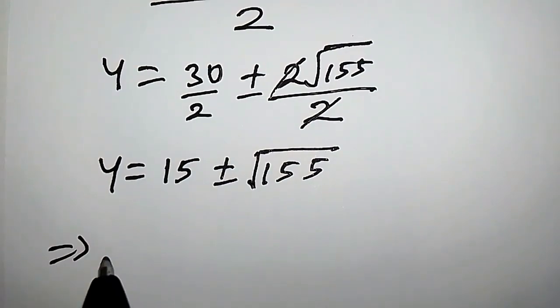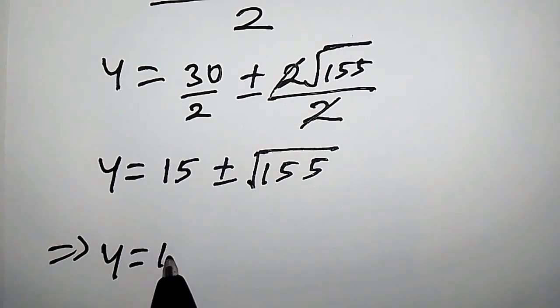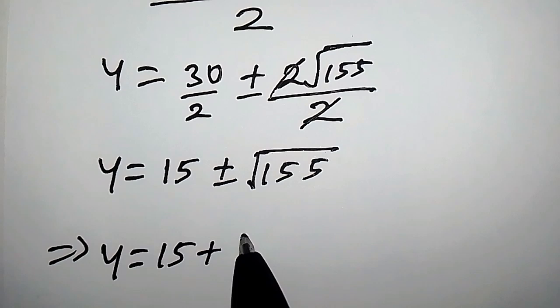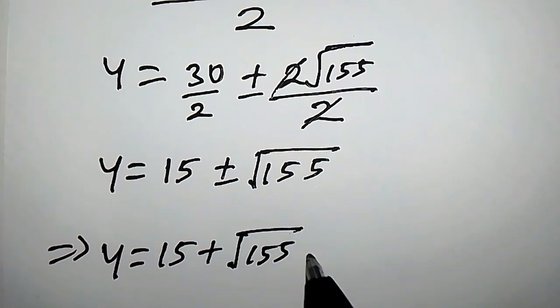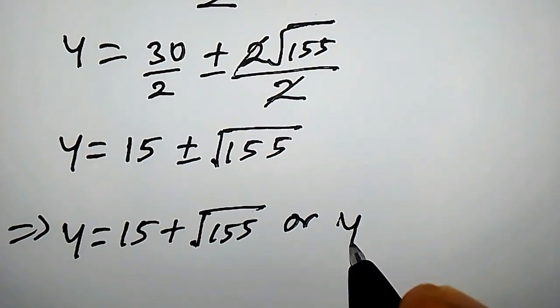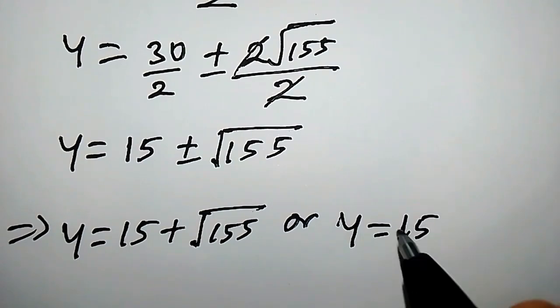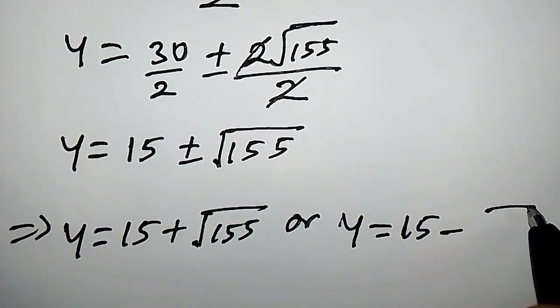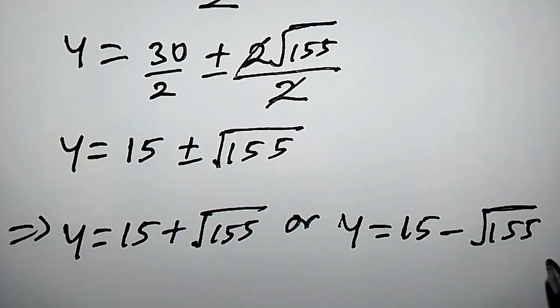This implies that y is either equal to 15 plus root 155 or y equal to 15 minus root 155.